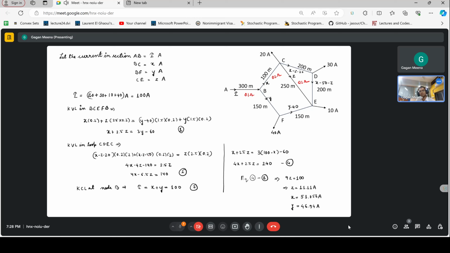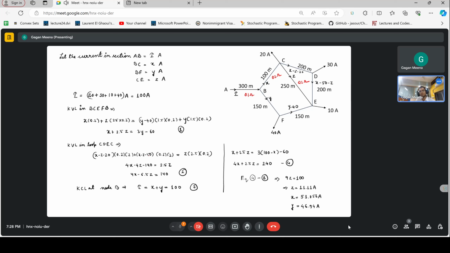If we solve, substitute for Y from this equation, then it is 300, because in this equation there is no Y, so it will become 3 into 100 minus X, which is 4X plus 2.5 Z equals 240.